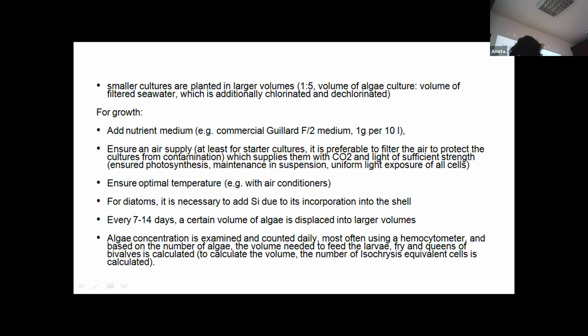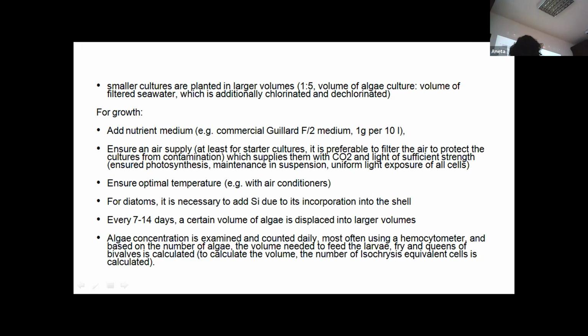Of course, if it doesn't work, it doesn't work. Aeration also keeps them in suspension, in touch with light, so each alga in the suspension gets some light. Optimal temperature for that, as I told, silicium.